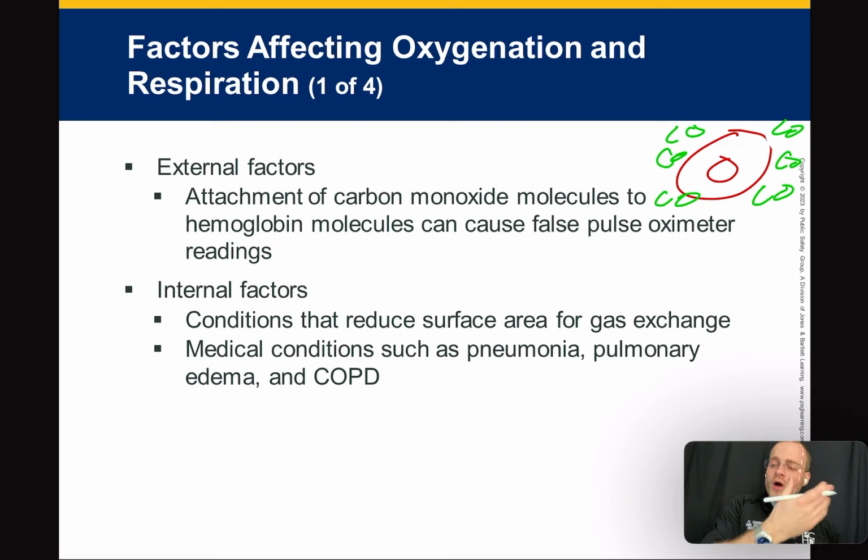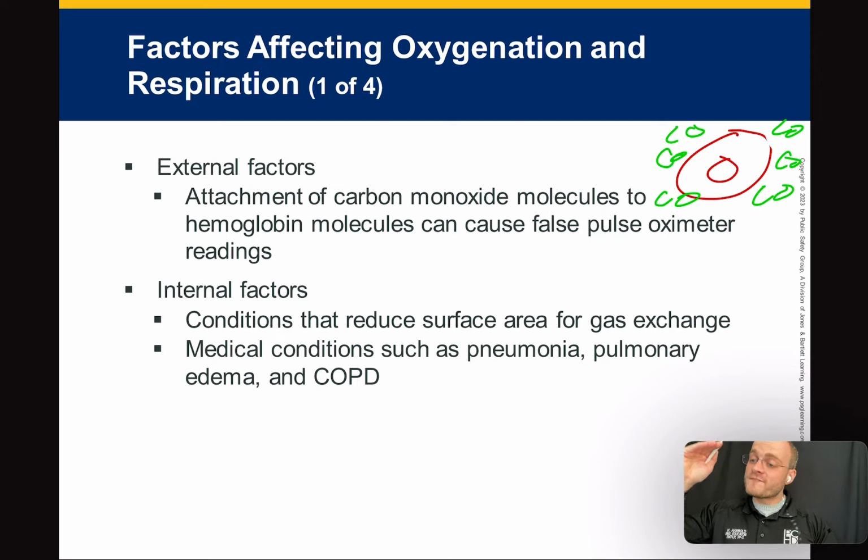So what happens is you have to assume any time that someone has been exposed to carbon monoxide, a heater, a car, a furnace, a boiler, a grill, a fire, a campfire, a stove, an oven, whatever, if you're thinking, oh, this could be a carbon monoxide poisoning, that just because it reads 100%, they are in fact hypoxic.